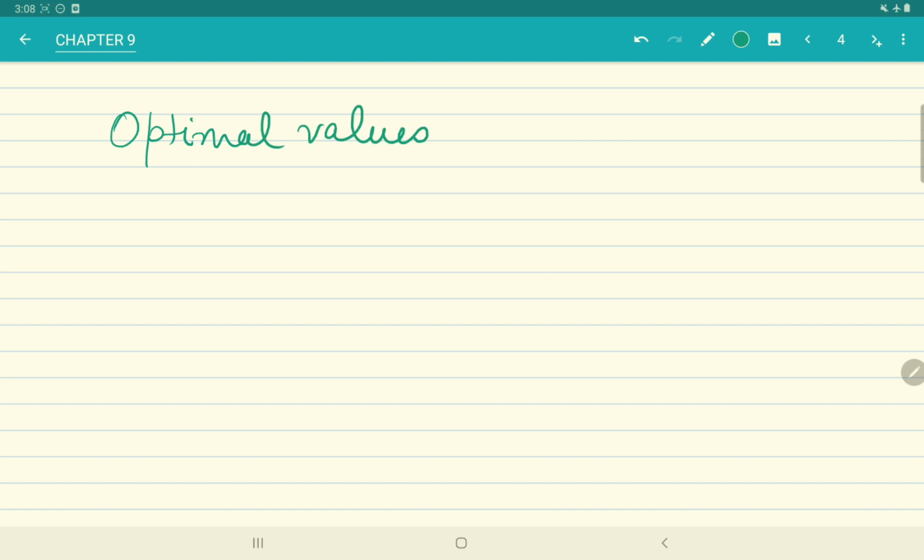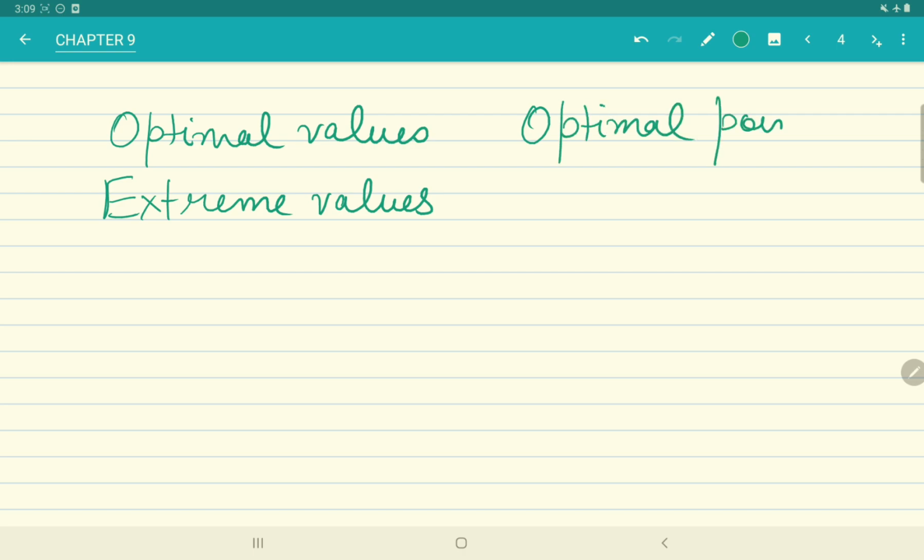When I write maximum value or minimum value, I can actually write optimal values, or I can write extreme values. And corresponding to a maximum point or a minimum point, collectively I can write optimal points, and here I can write extreme points.